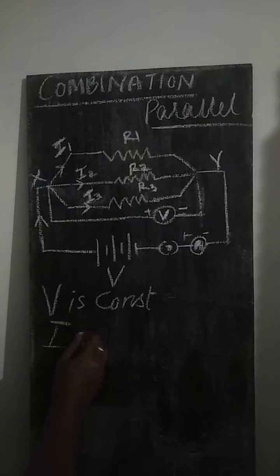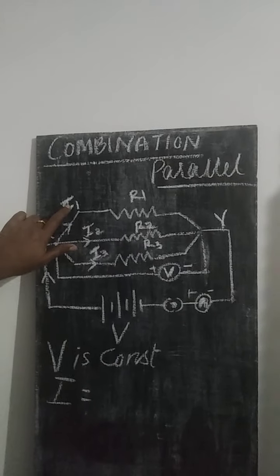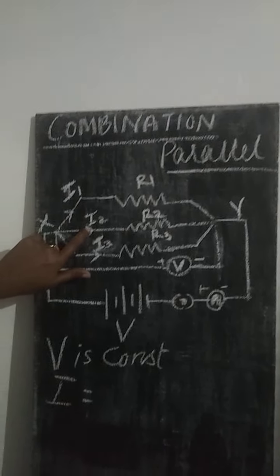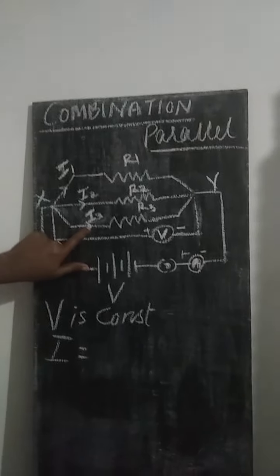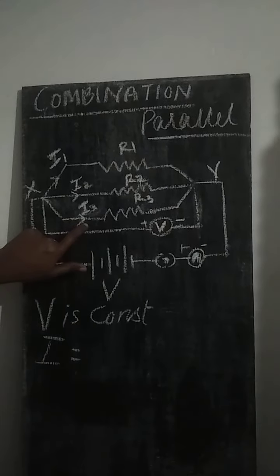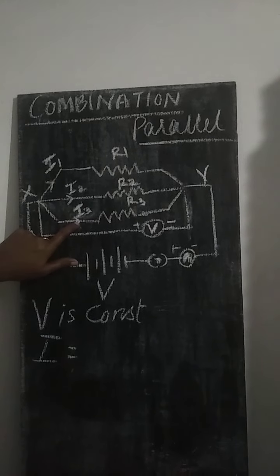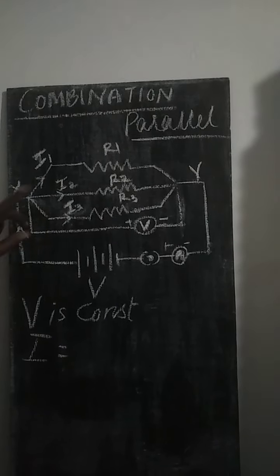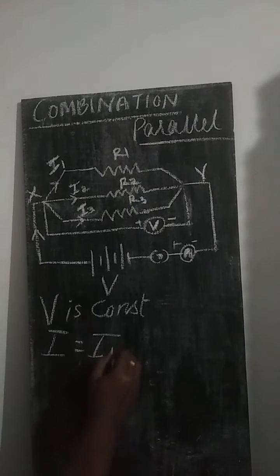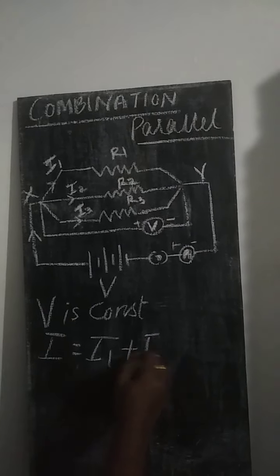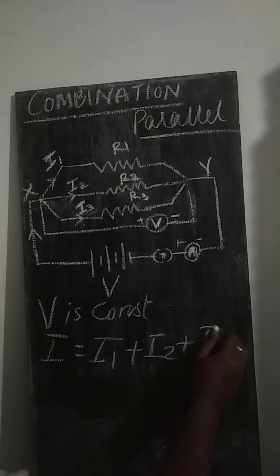But I is not a constant. I1 depends on V and R1. Here I2 depends on V and R2, and I3 depends on V and R3. And here we write I is equal to I1 plus I2 plus I3.